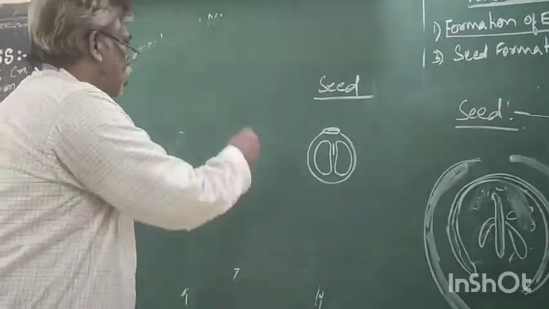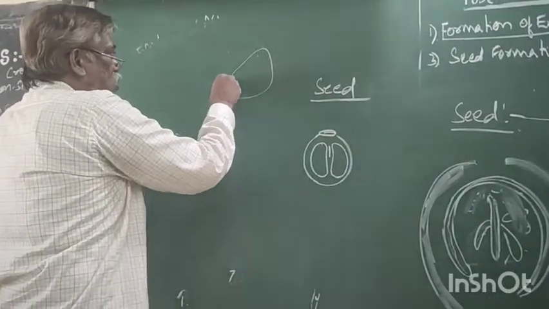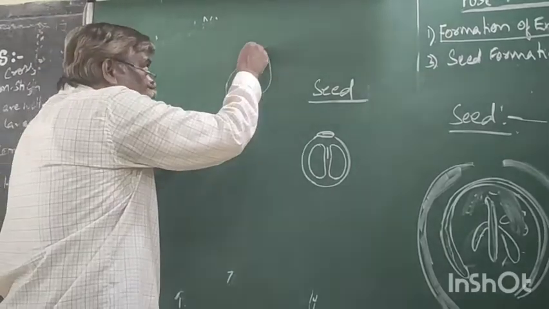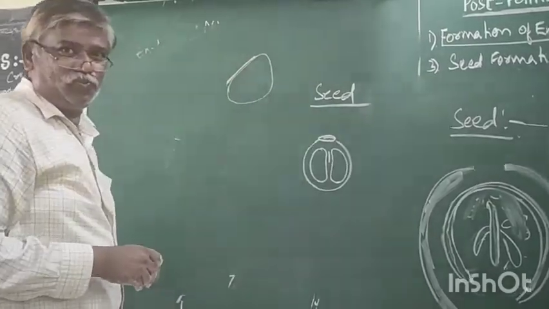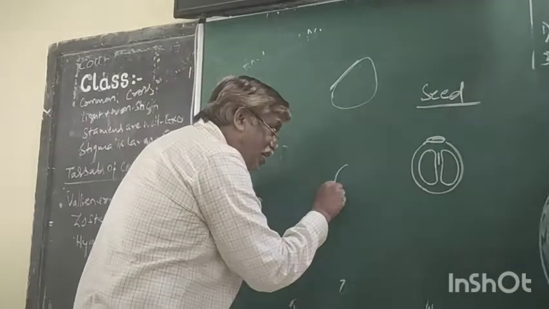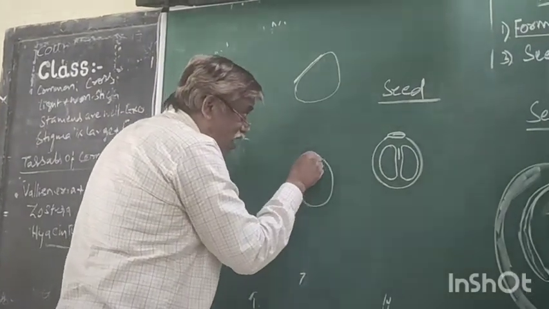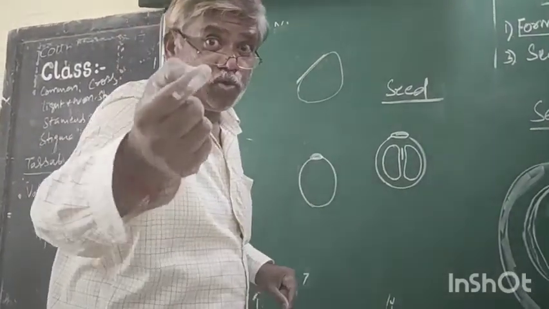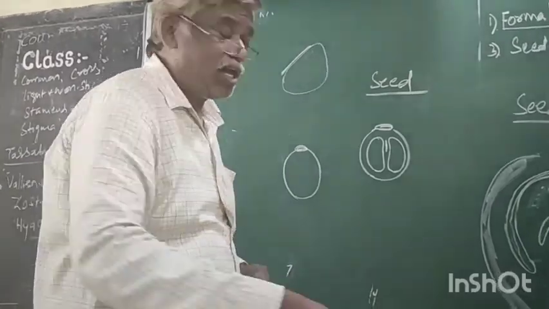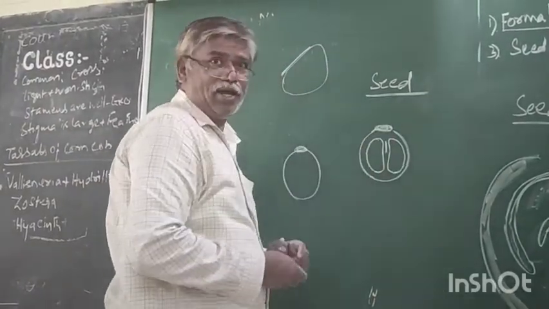Now a white scar is there. Take a castor seed, a white scar is there. Take a groundnut seed, a white scar is there.